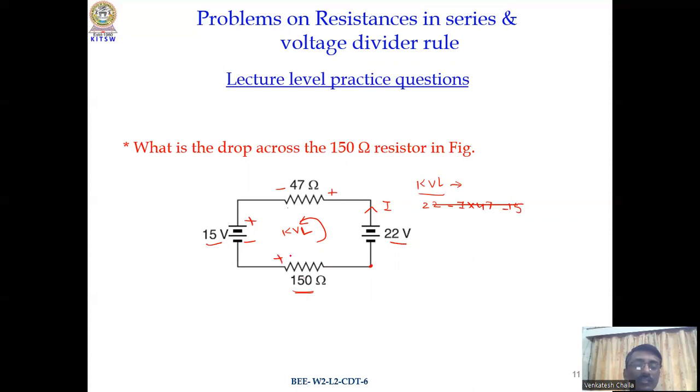Next, current is coming plus to minus, so minus 150 into I. We have come to the original point, equal to 0. Now we have only one unknown variable I. You please solve that one.